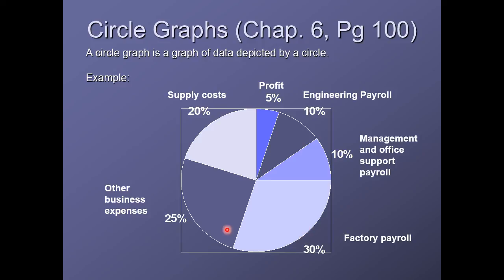The second highest is other business expenses, and then they're spending 20% for the supply cost, and they're also managing an office support payroll of 10%, and then 10% for the engineering payroll. This is the 100% they're earning, but just by looking at the graph it is visible that they're spending 95% of their earning in different categories, except this 5%, which is their profit.